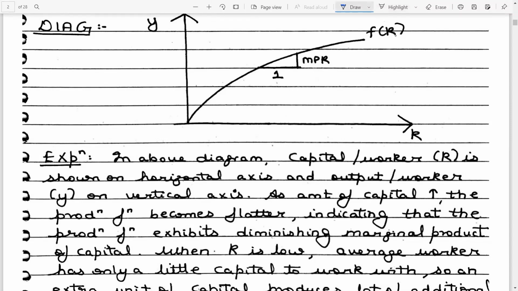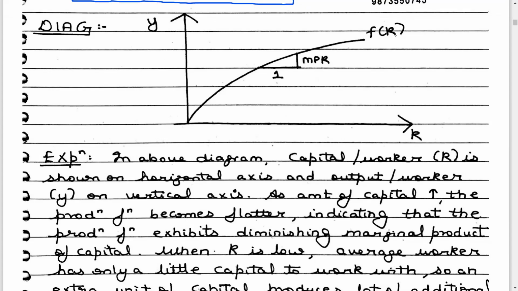So in the initial phase, an average worker has too little capital. So more capital will increase the output. But in the later phase, an average worker has too much capital. When an average worker has too much capital, it becomes difficult to manage that capital.